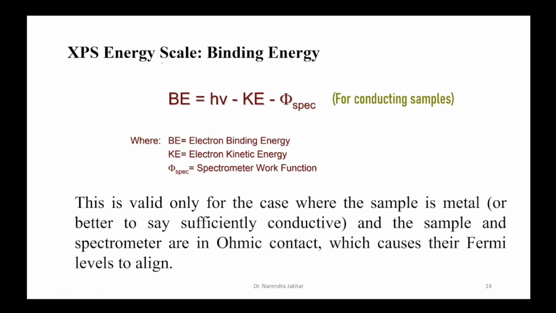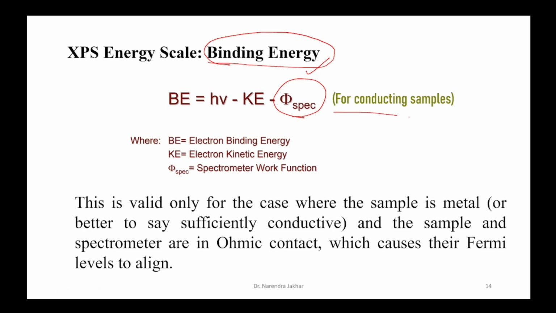So this is the XPS energy scale. An XPS spectrum is usually presented on the binding energy scale, so on the x-axis we usually take binding energy, and this is the famous equation for the photoelectric effect. Binding energy is equal to h nu minus the kinetic energy of the electron minus phi spectrometer.